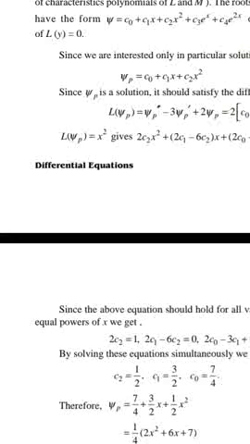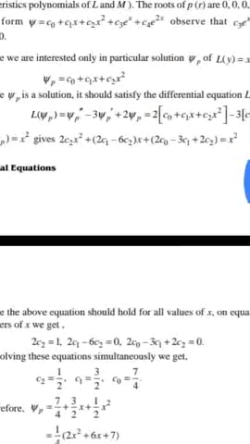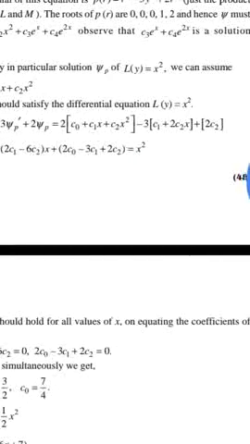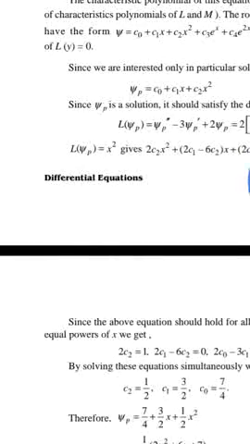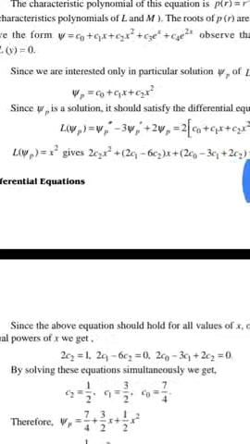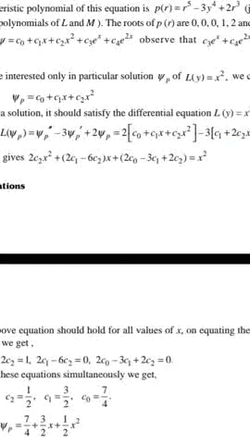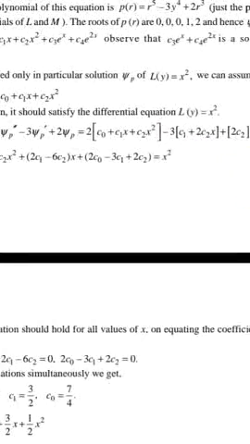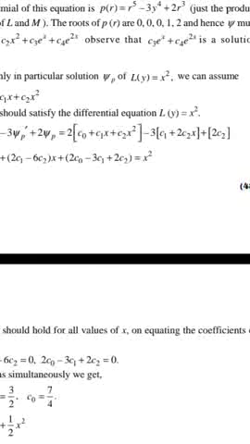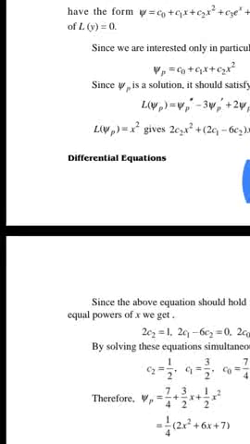Since psi p is a solution, it should satisfy the differential equation L of y is equal to x square. L of psi p is psi p double dash minus 3 psi p dash plus 2 psi p, which is equal to 2c2 minus 3 times c1 plus 2c2 x, plus 2 times c naught plus c1 x plus c2 x square.